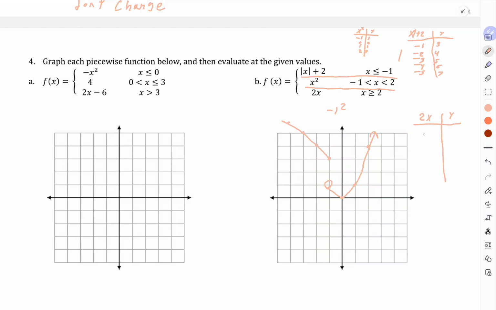Essentially what you have to do is put it down. You got 2, the 1, the 0, then negative 1, negative 2, negative 3.